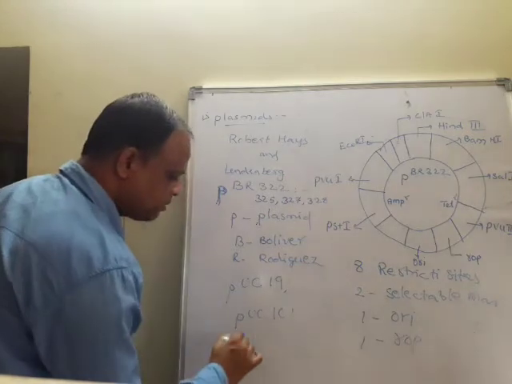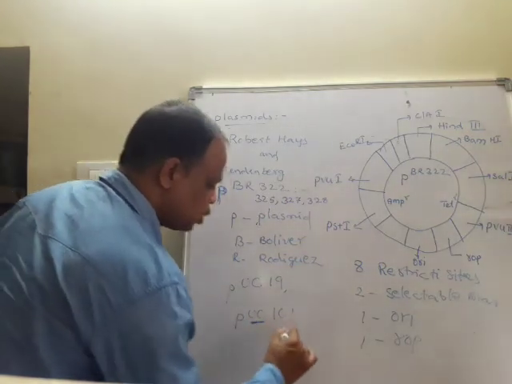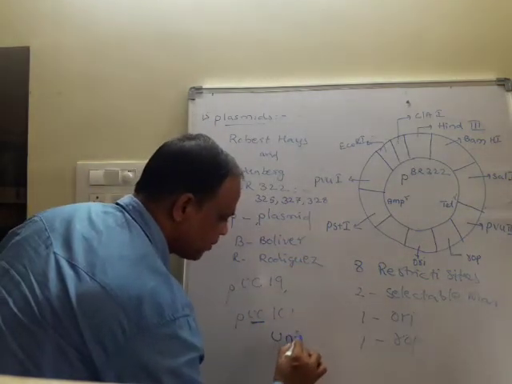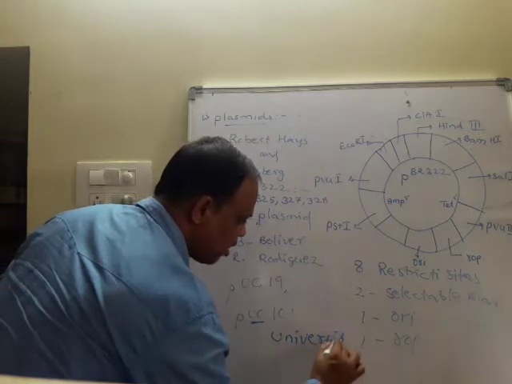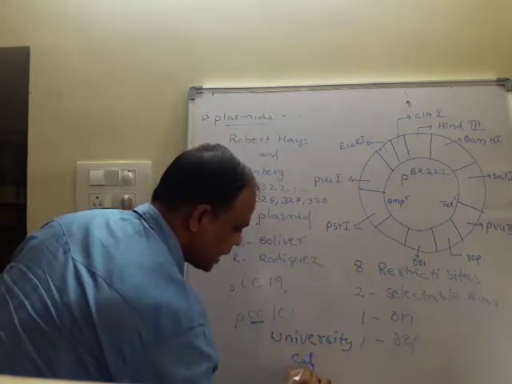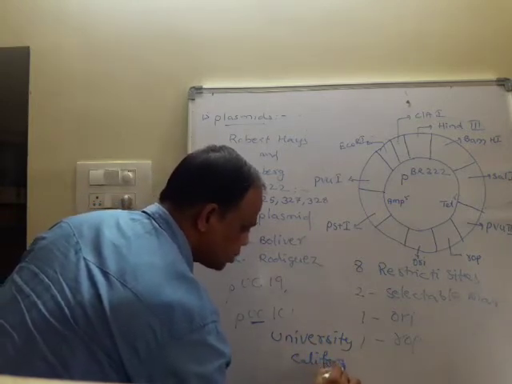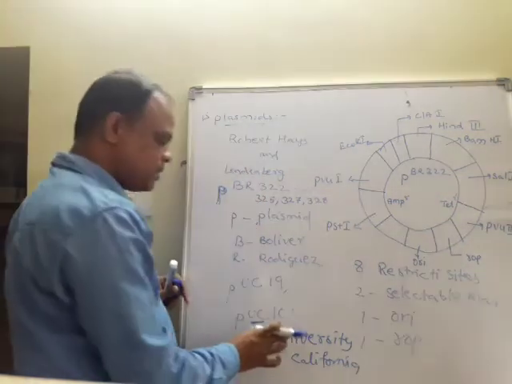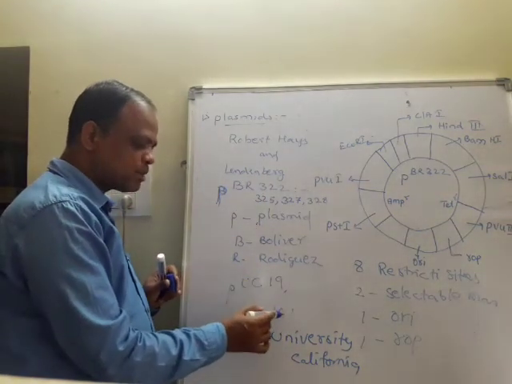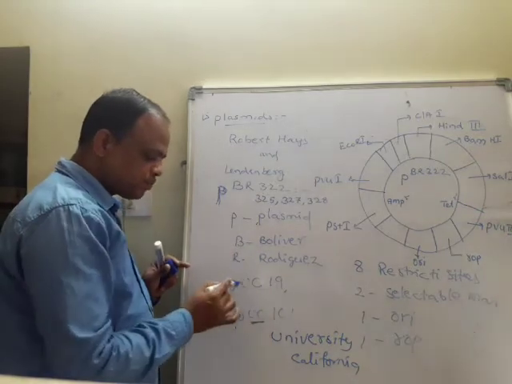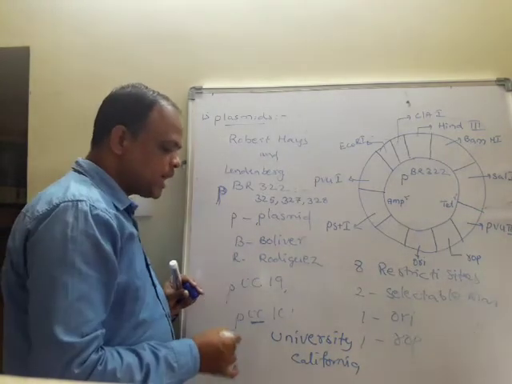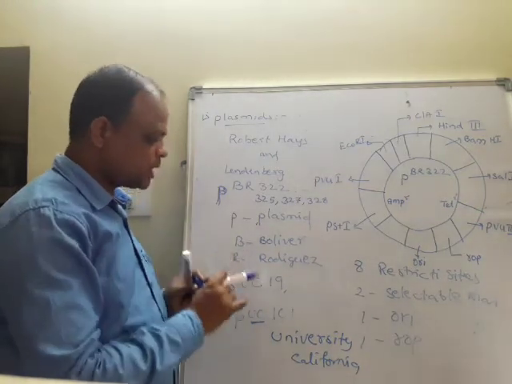P means plasmid, UC means University of California. So this university constructed two types of plasmids, pUC19 and pUC101.